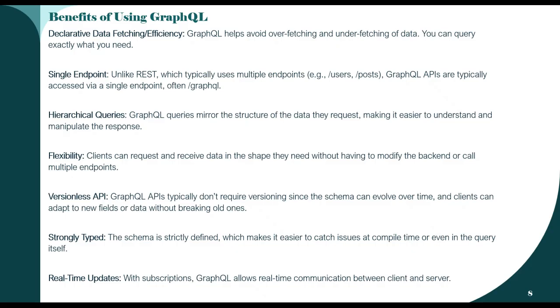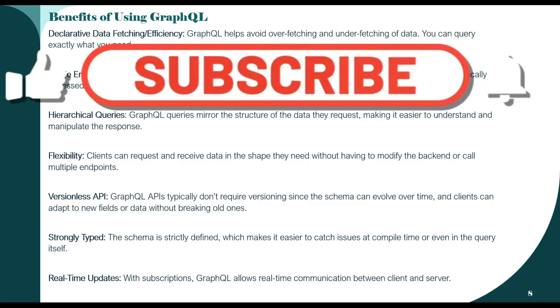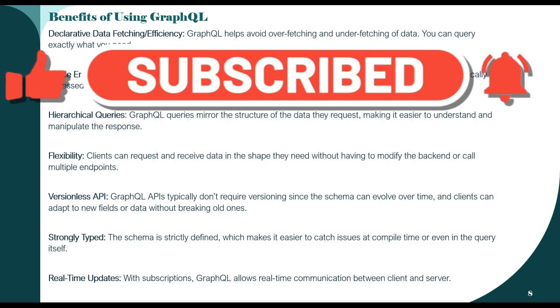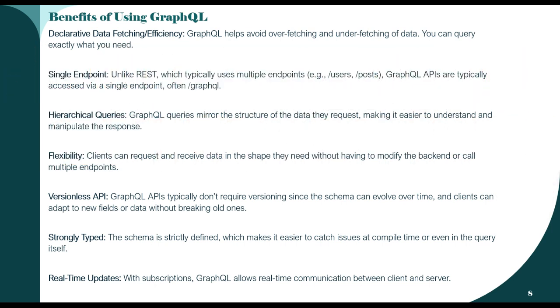So the first thing is that it is declarative, and it is very efficient when you're trying to fetch some data. GraphQL avoids overfetching. It is not going to fetch data which is not required by the client. It will not overfetch or underfetch; it is going to fetch exactly what the client needs.